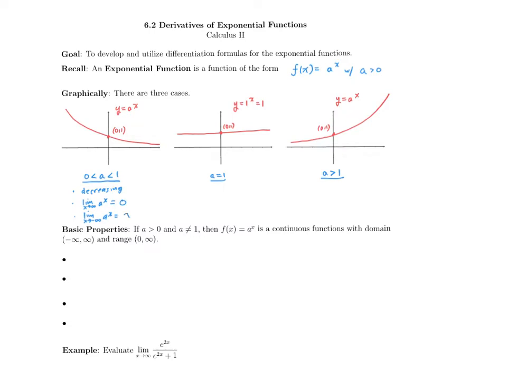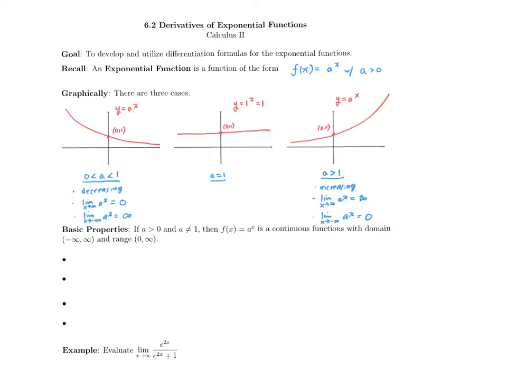They're going to positive infinity. And then we can make similar observations when a is greater than 1. The function is increasing. The limit as x approaches infinity of a to the x is infinity, and the limit as x approaches minus infinity of a to the x would be equal to 0.